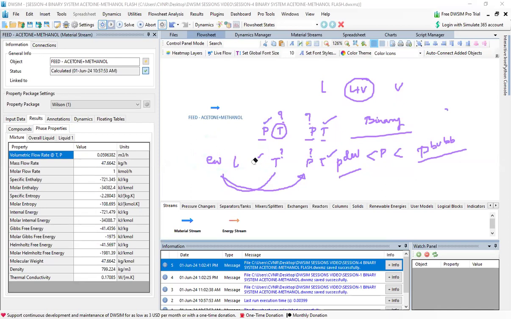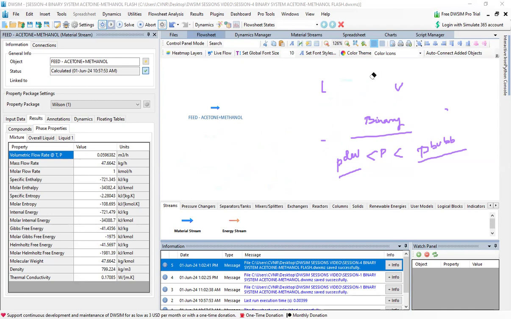Let me erase all these things so that we can simulate thoroughly in the process simulation window. We are in the DWSIM portal, which is free open source software, and I am trying to solve the simulations here.